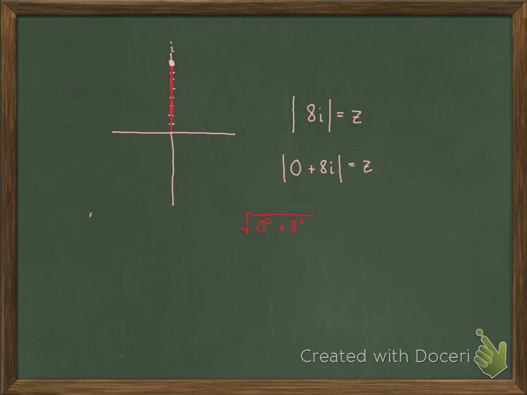So 0 squared is 0, 8 squared is 64, and of course the square root of 64 is 8. So that's how you graph when you've got no real part included inside your absolute value symbols. It's implied that it's a 0 if there's no real part there.